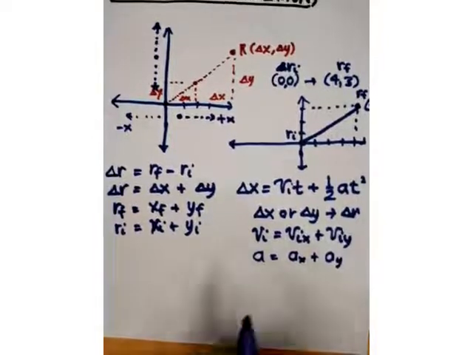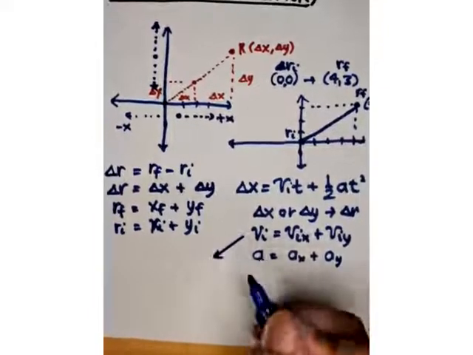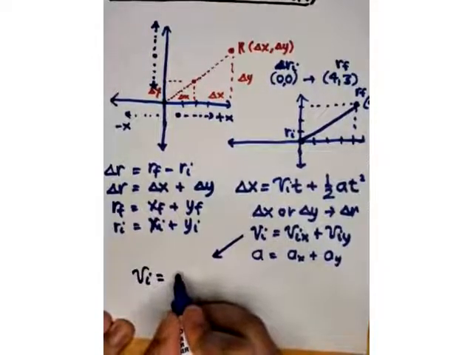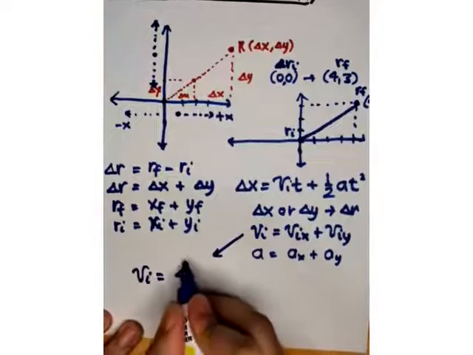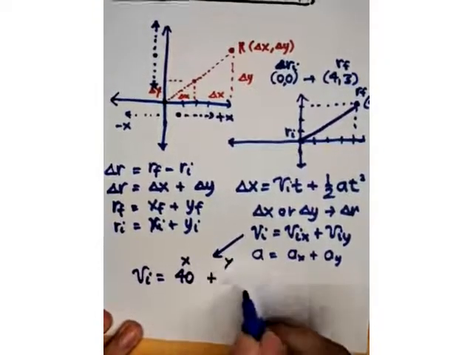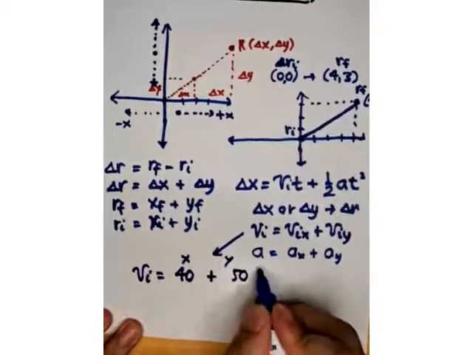Okay? So what if given ako? Given ako, ang initial velocity ay, let's say, 40 meters per second sa x, at sa y niya ay 50 meters per second.